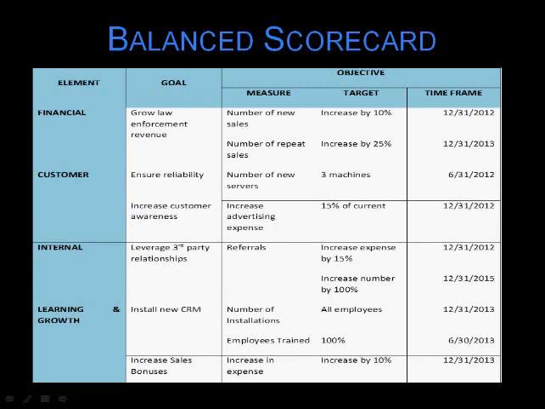And under learning, we want to increase our sales bonuses. Okay, so increasing sales bonuses allows our sales reps to leverage our third-party relationships, which allow us to increase customer awareness, which allow us to grow our law enforcement revenue.